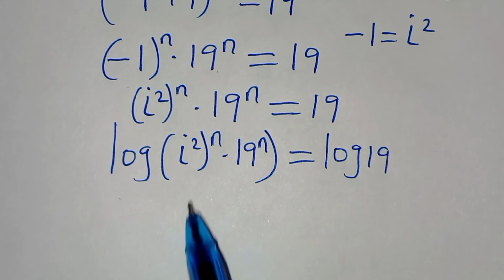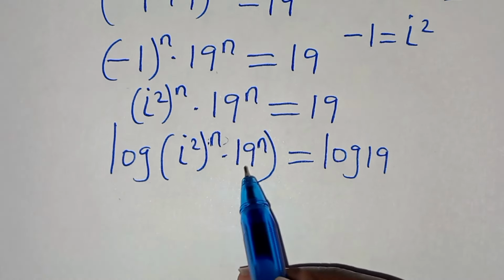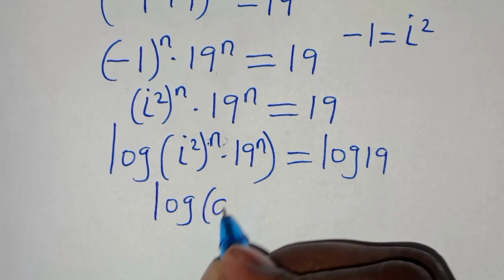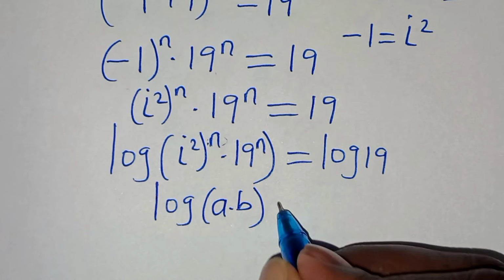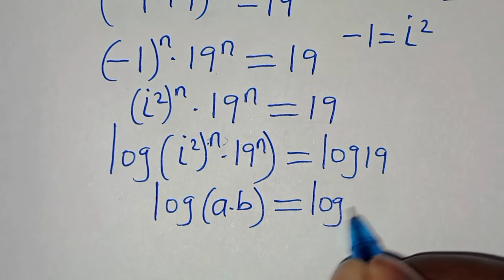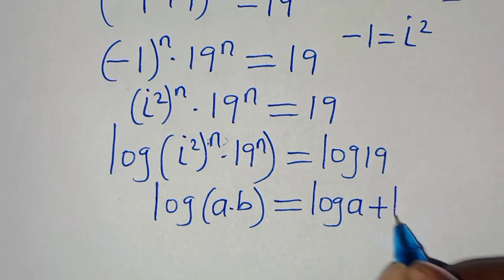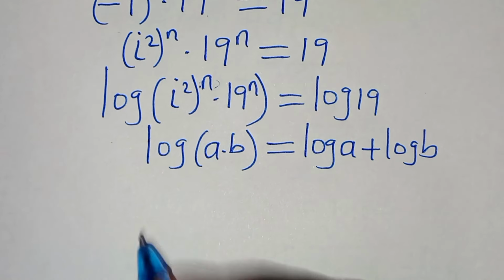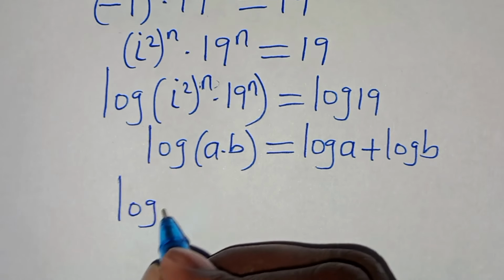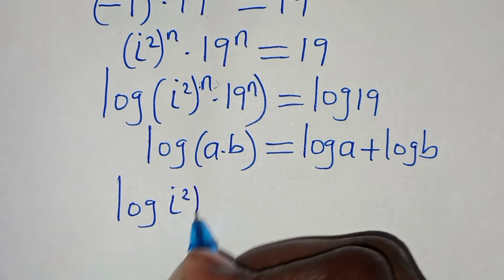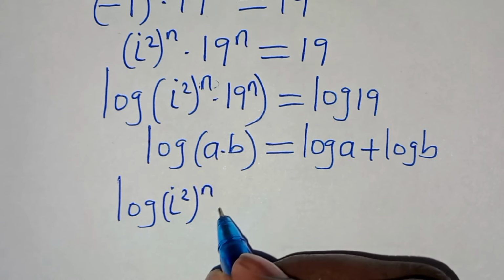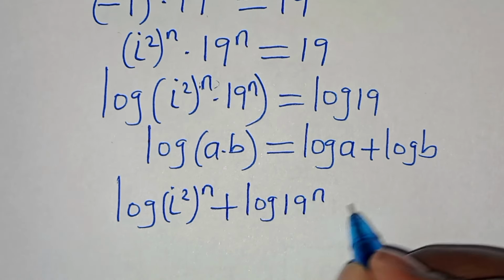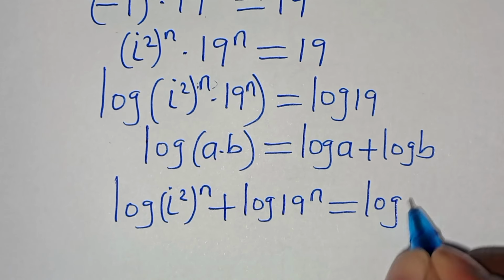The next step is that log of i squared to the power of n times 19 to the power of n is in the form of log of a times b, which we can express as log a plus log b. This implies that here we have log of i squared raised to the power of n, plus log of 19 to the power of n, equal to log 19.